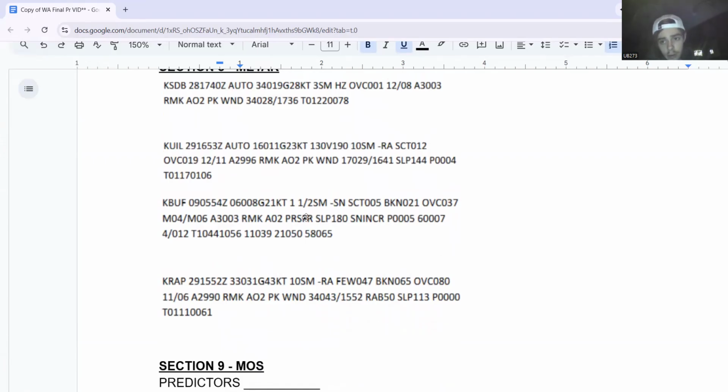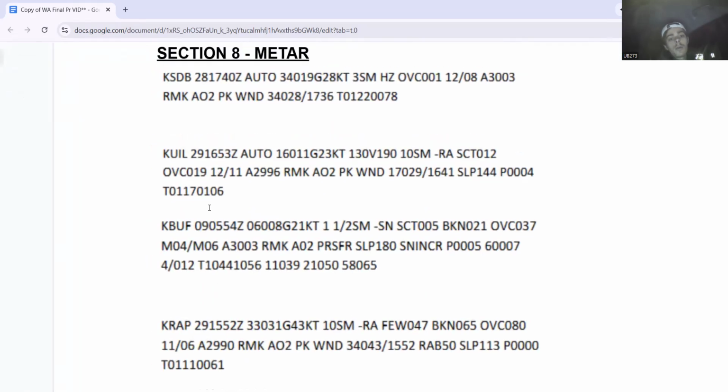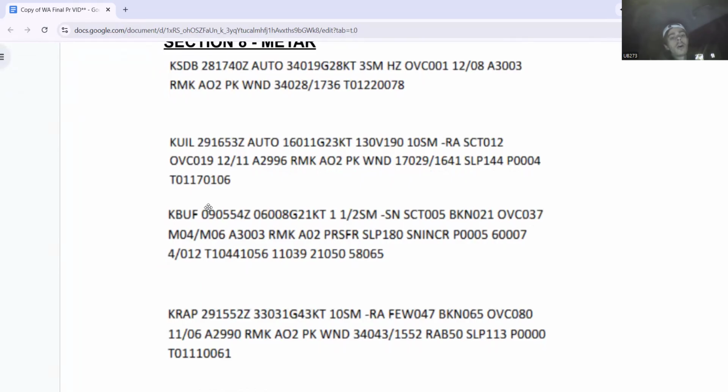For this exam, you only need to know how to read METAR and MBM. MOS, I know we learned that, but it's being faded out and it's quite similar to MBM and somewhat irrelevant these days. So we're not going to look at that. But we'll read these four and see if we can know what they are.